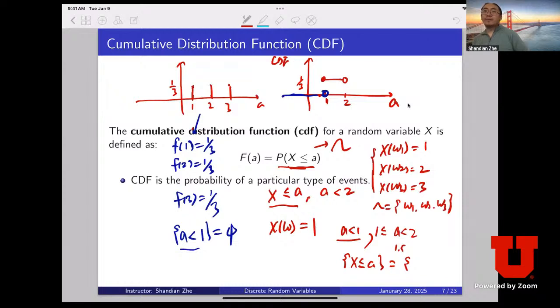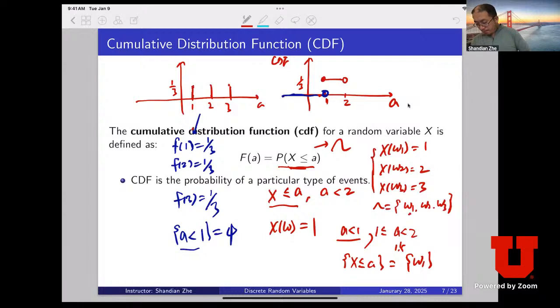Yeah, the event is just omega 1, right? Because there is only one element in the sample space whose random variable value is less than, say, 1.5, which is just 1. Does it make sense?